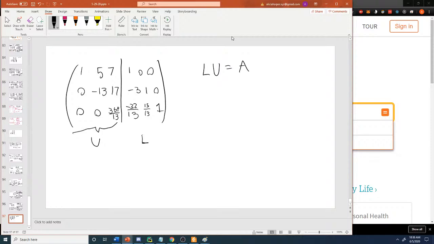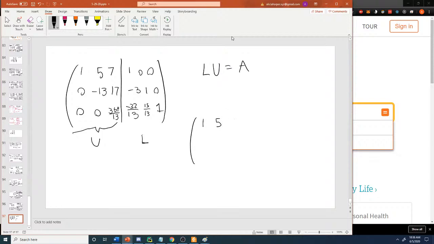Let's verify that it actually works. How about we compute some of this matrix multiplication?